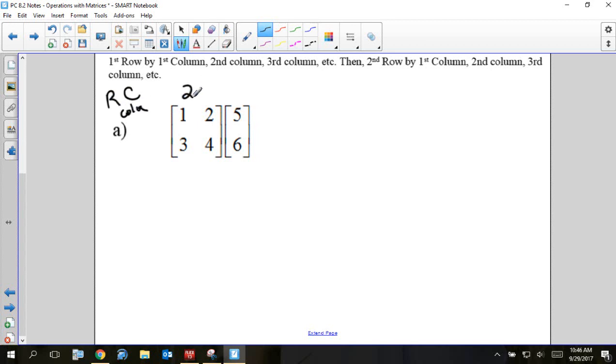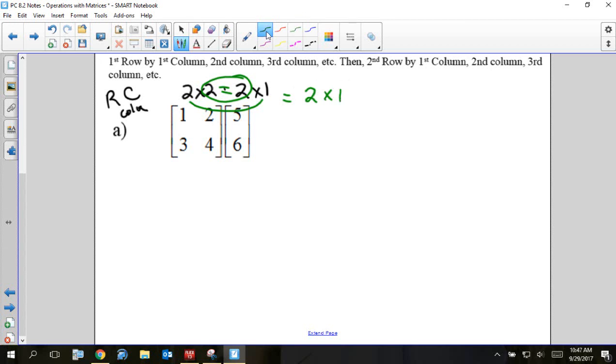So the first one is a 2 by 2, and the second one is a 2 by 1. Now we look at the inside numbers. Are they the same? So that we can multiply them. And when we do multiply them, the outside numbers tell us what we'll get. We will have a 2 by 1 when we are done.